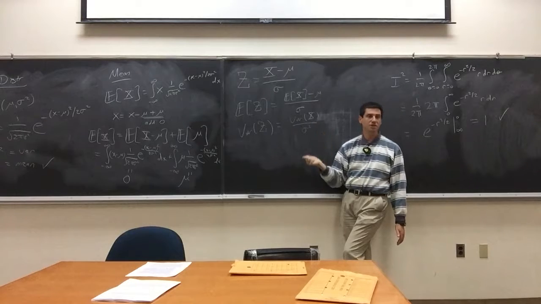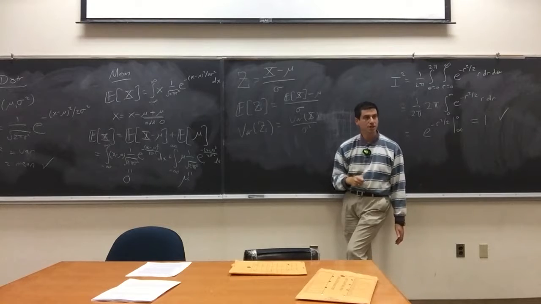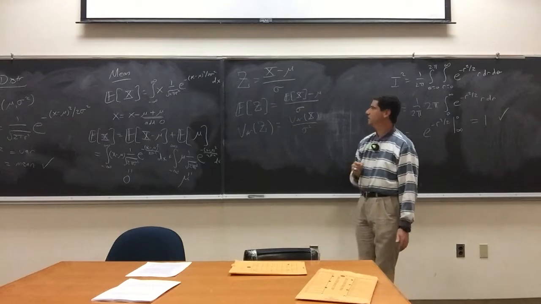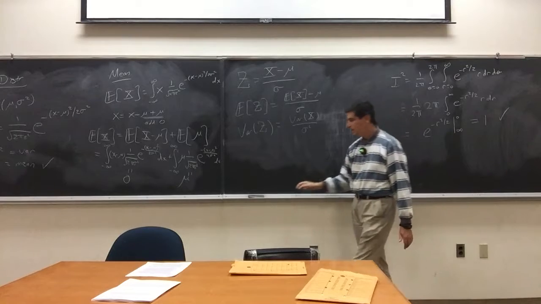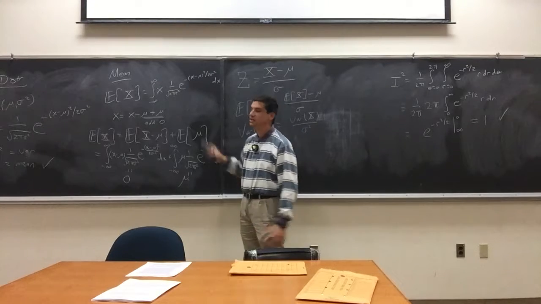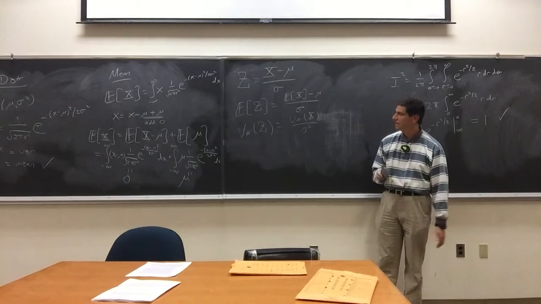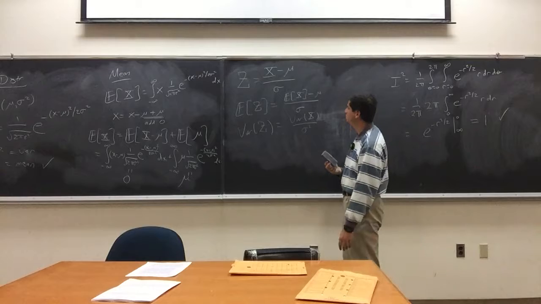If we understand one, we understand the other. If I know the mean and the variance of x, I know the mean and the variance of z. Conversely, if I know the mean and the variance of z, I can get the mean and the variance of x. So it's often enough to study the special case when mu equals 0 and sigma equals 1, because if we can handle that case, we can unwind to the more general case.